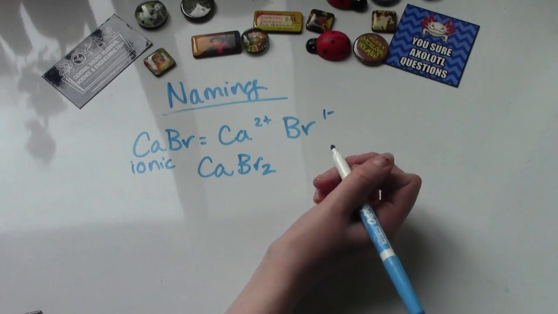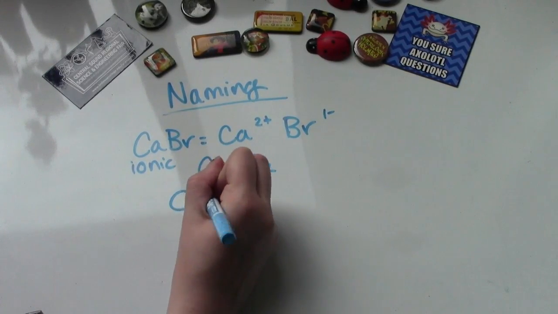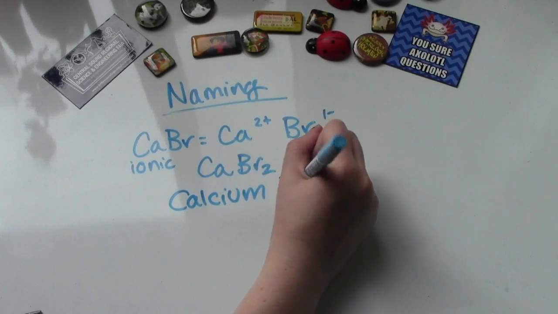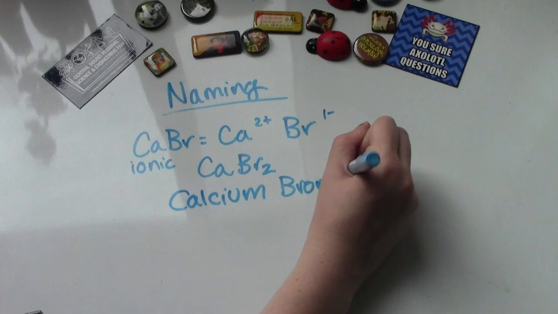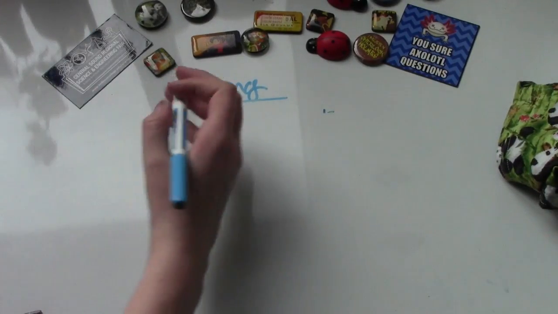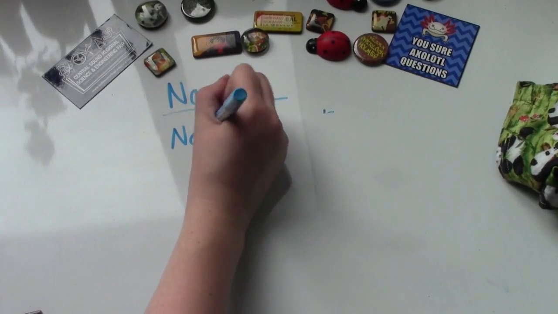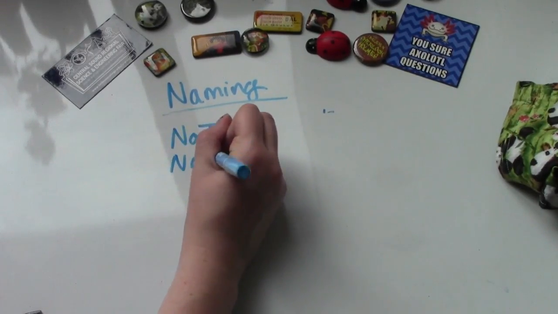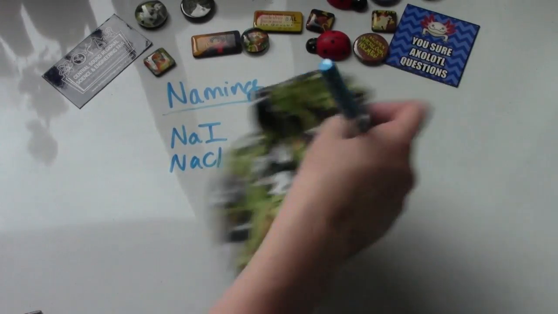And we would name it calcium bromide. And that's it. That is all you need. Another one that works: NaI, sodium iodide, sodium chloride, all that jazz.